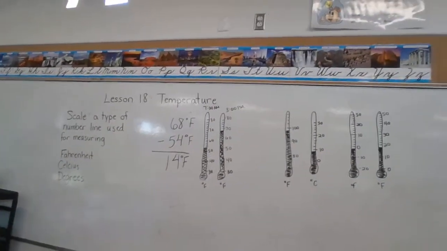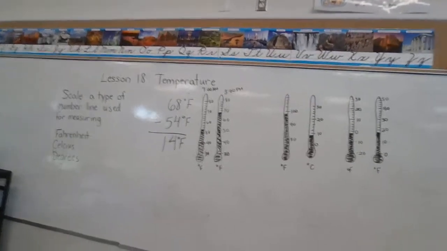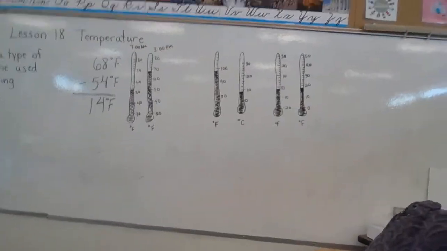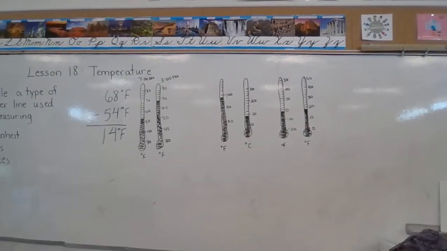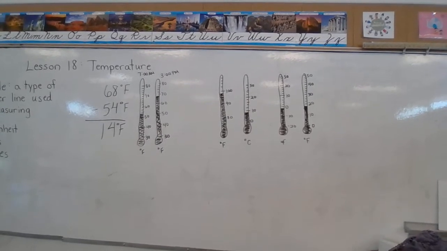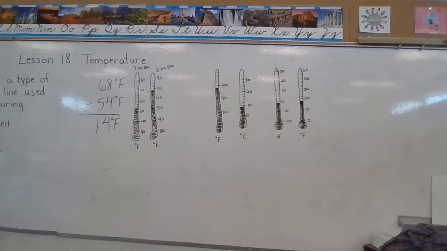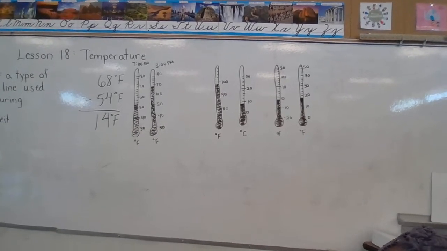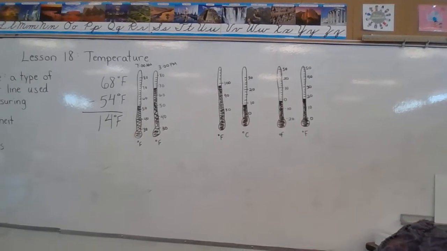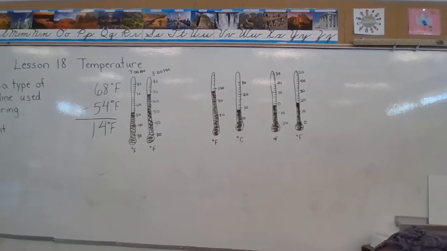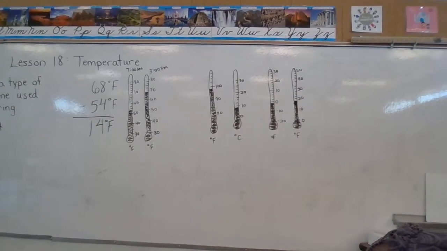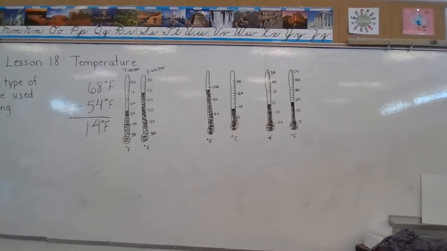Okay, the next two thermometers go together. So I'll read the problem to you. It says these thermometers show the average daily minimum and maximum temperatures in Duluth, Minnesota during the month of January. What are those temperatures? What is the difference between the two temperatures shown?